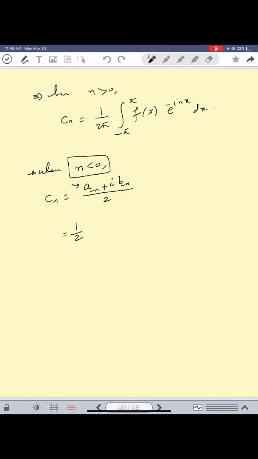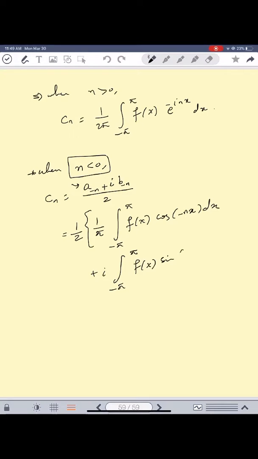The a negative n is 1 over pi integral from minus pi to pi f of x cosine negative nx dx. Remember, the an formula is this integral with cosine nx, then plus I times the integral. So the b negative n is the integral f of x sine negative nx dx.